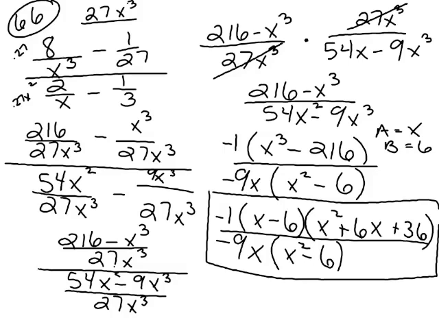So if I pulled out a 9x squared, and that turns into an x minus 6. There we go. That was the problem. So that is a 9x squared. So then the x minus 6 will cancel there.